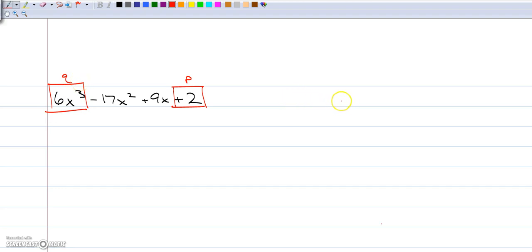I have the possibilities of using a +1 or a -1, a +2 or a -2 on the top. But on the bottom this time, I could use a +1, I could use a +2, I could use a +3, I could use a +6, or I could use their negative versions. So this time I actually have a lot more options to consider. But that's a whole lot better than looking at the infinitely many possibilities that exist in the real number system.